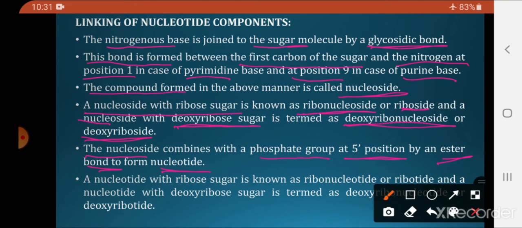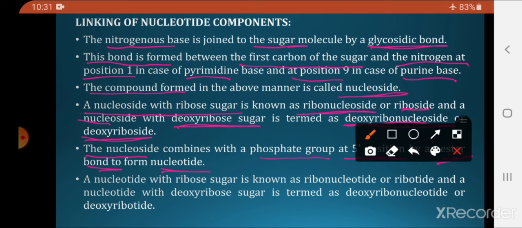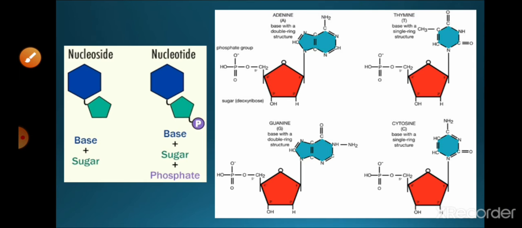So binding of the phosphate at the fifth position gives the formation of the nucleotide, and the bond is the ester bond. So nucleotide with ribose sugar is called as ribonucleotide or only ribotide, and a nucleotide with deoxyribose sugar is called as deoxyribonucleotide or deoxyribotide.